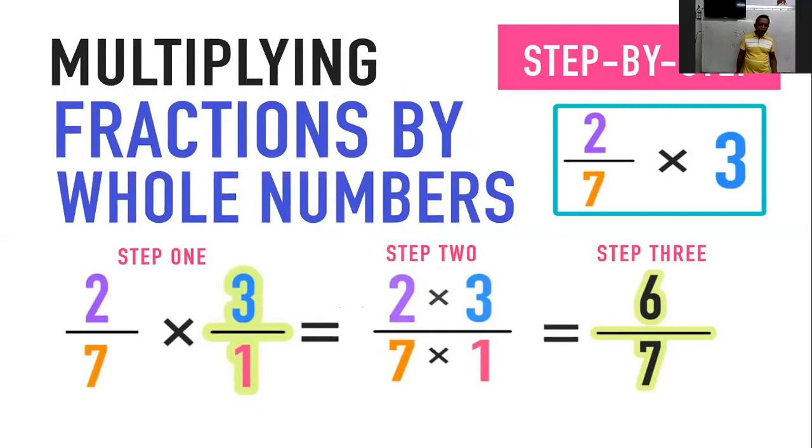Step number 1. So let's use this. Step number 1 and step number 2. Then we have step number 3. Look at your screens. Step number 1 is that we will give a denominator of 1.